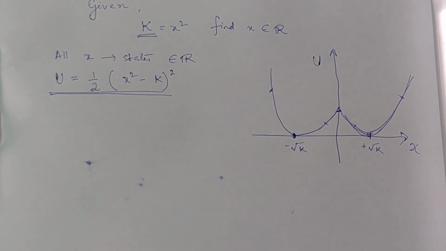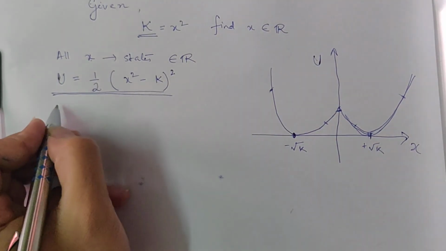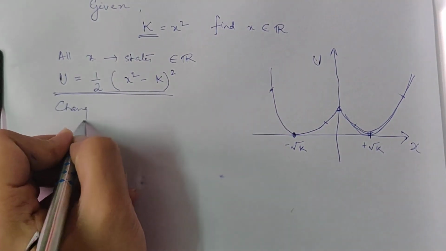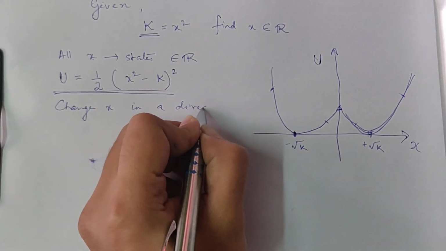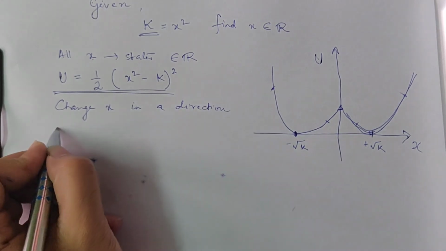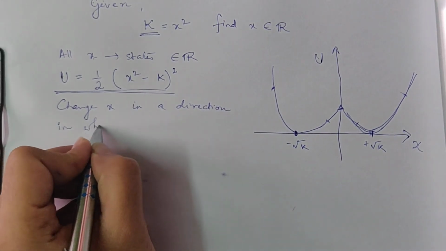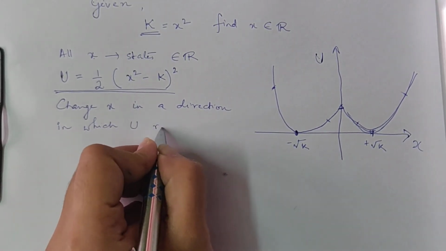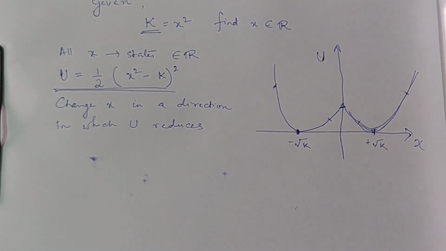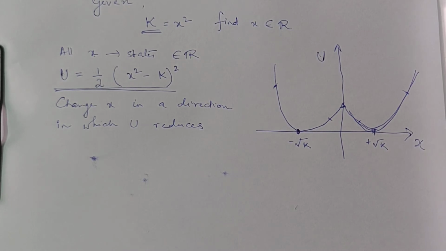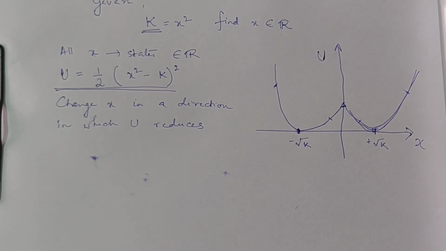You have to change x in a direction in which u reduces. Of course, I want to reduce u. I have to change my x in a direction in which my u reduces.